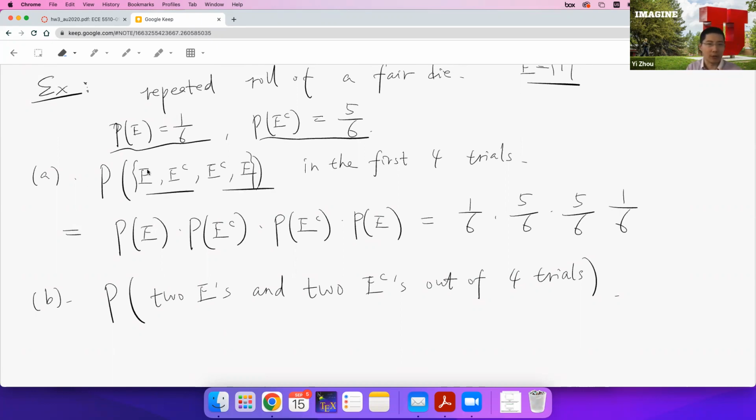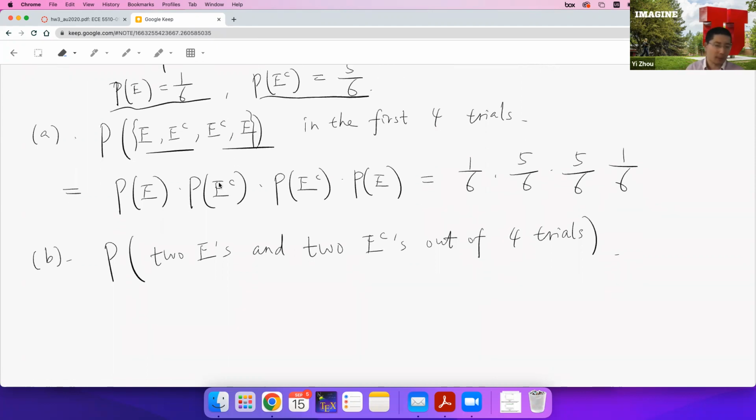Here in these 4 trials we have 2 E's and 2 E complements, but this is just one of the possibilities. You may observe 2 E's in the first 2 experiments and 2 E complements in the last 2 trials. There are different possibilities, so this event contains a lot of scenarios.